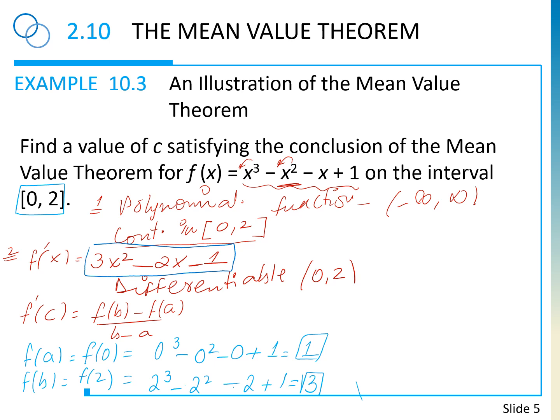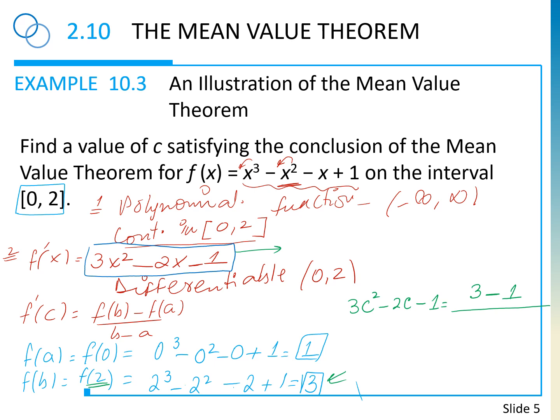So we will write here 3c squared minus 2c minus 1 equals f of b. f of b means f of 2, so f of 2 is 3, minus f of 0 which is 1, over b minus a.